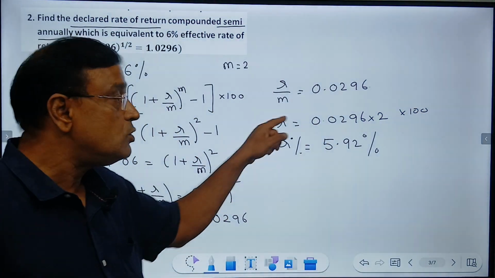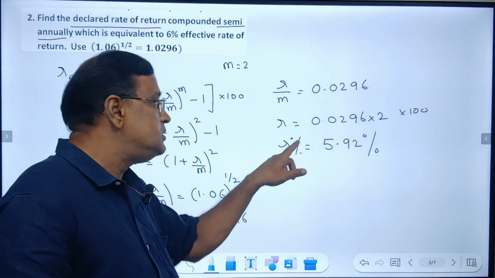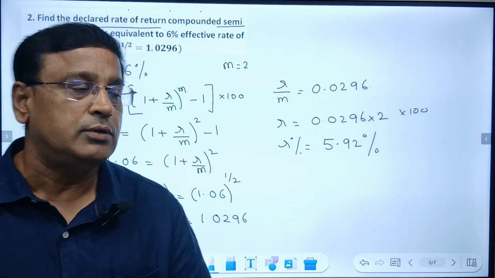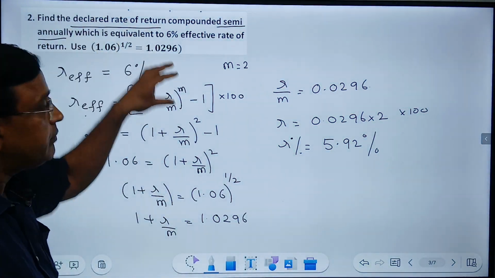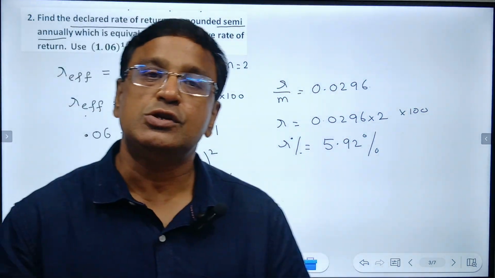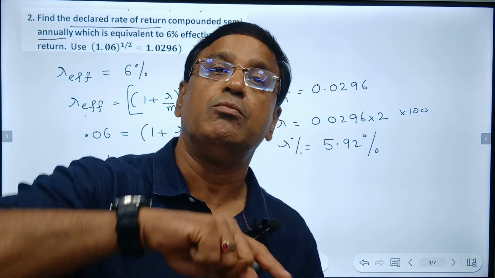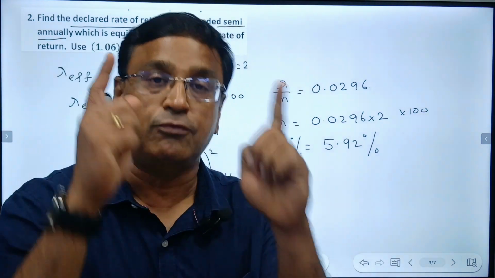So this is your nominal rate of interest. See, suppose if you get the answer as 6.92, you're wrong. Why? Because my effective rate of interest itself is 6%. So how can I get my nominal rate to be more than the effective rate? So that is one way of cross-checking.